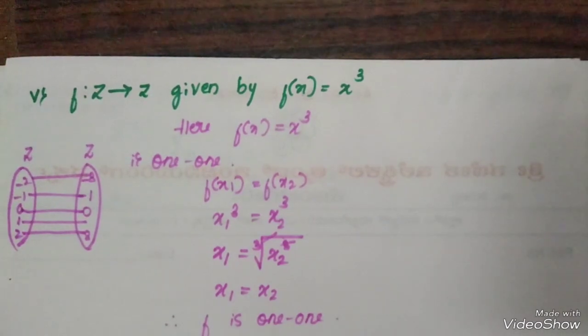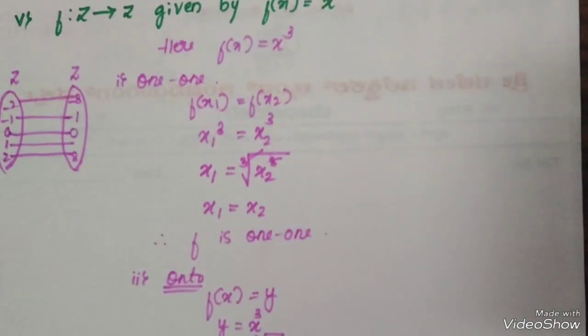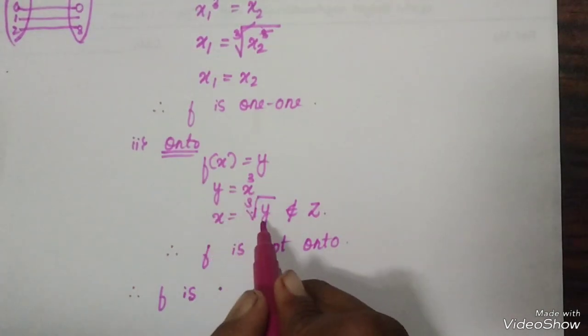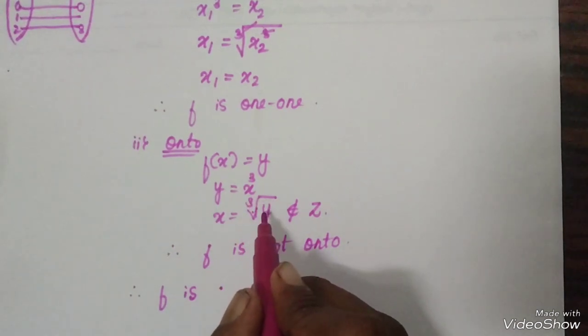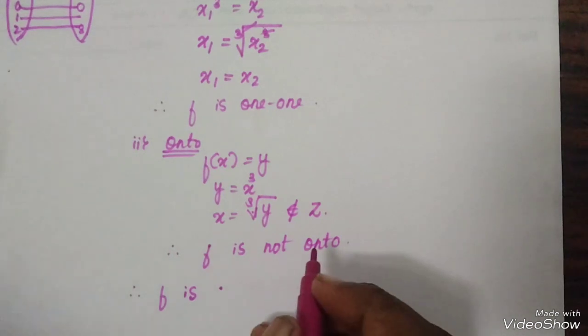The cube root of any number does not exist in the integer set. Therefore, the function f is not onto. Here, whatever value we have taken for y, we don't get an integer value for x. Hence f is not onto.